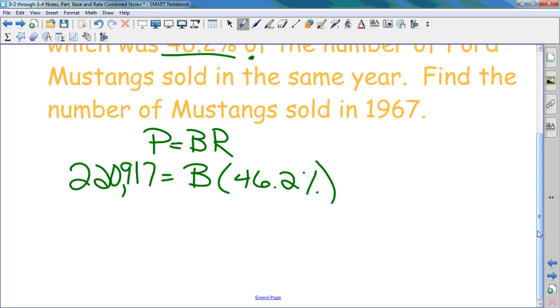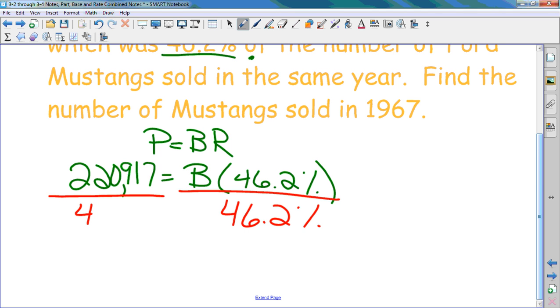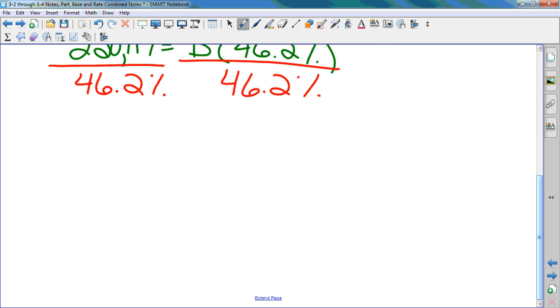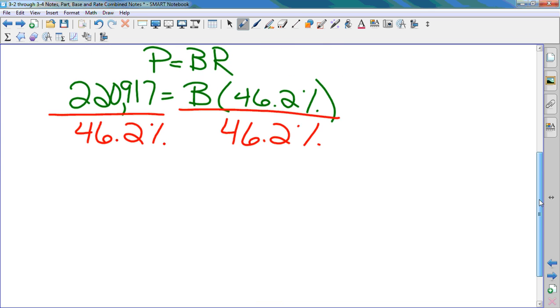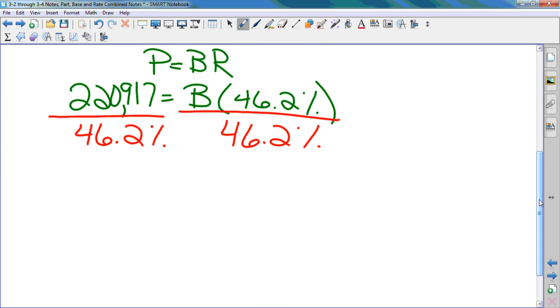Now, how do I solve? Just divide by 46.2% or 0.462, whatever you decide, doesn't matter. And what do you get? Is it 10,900?